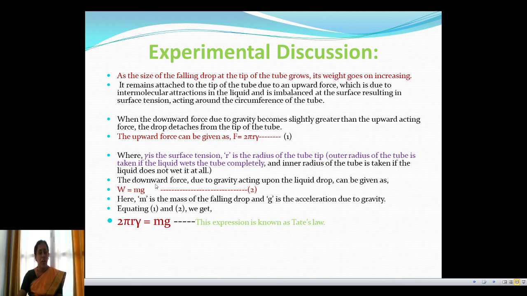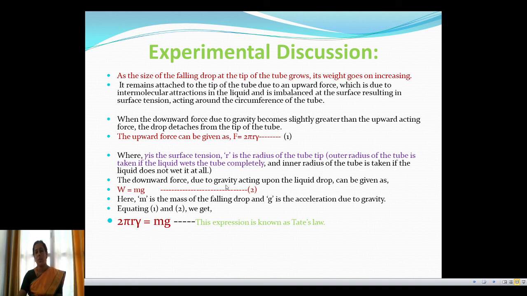Hence, the downward force due to gravity acting upon the liquid drop can be written as W equal to m into g, where m is the mass of the falling drop and g is the acceleration due to gravity.